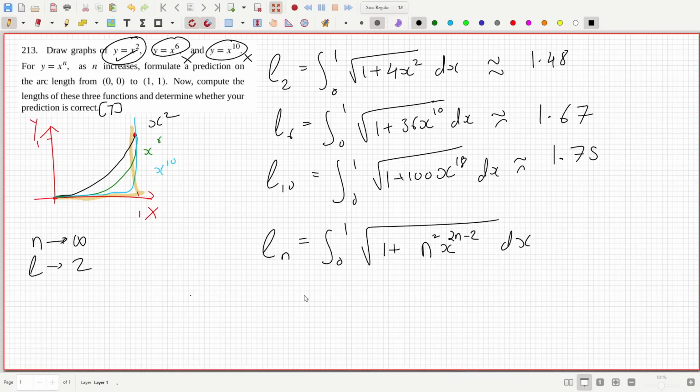I think we can make an approximation here. I think if we were to change this a little bit, there's some rule that says root 1 plus a small number, which is what this would be, I guess.